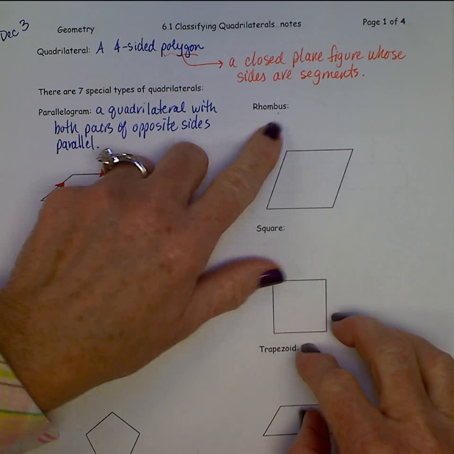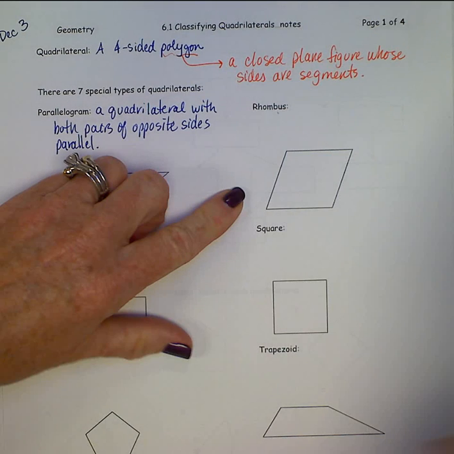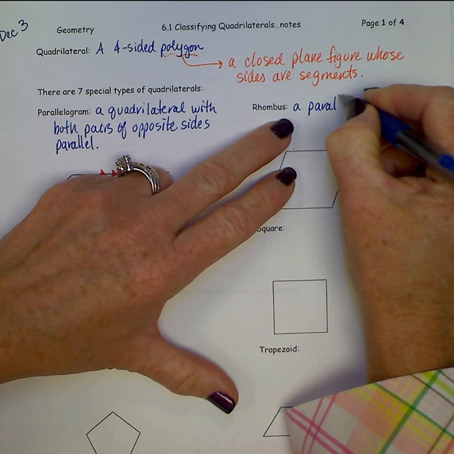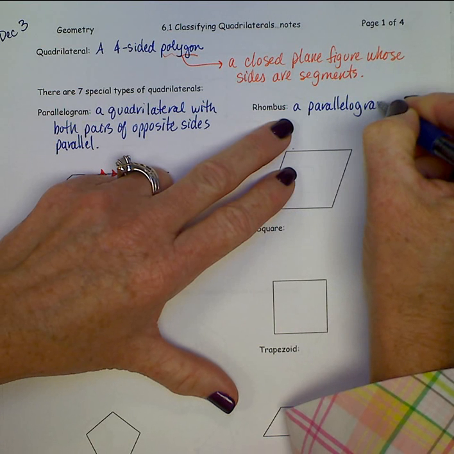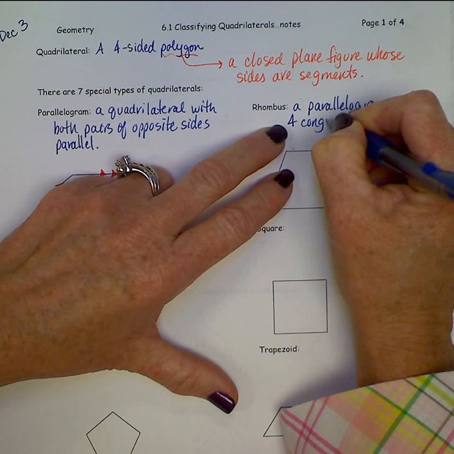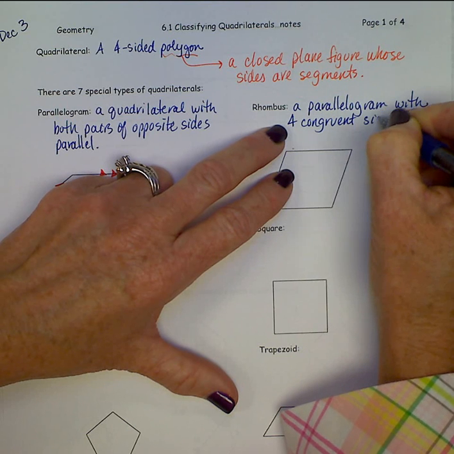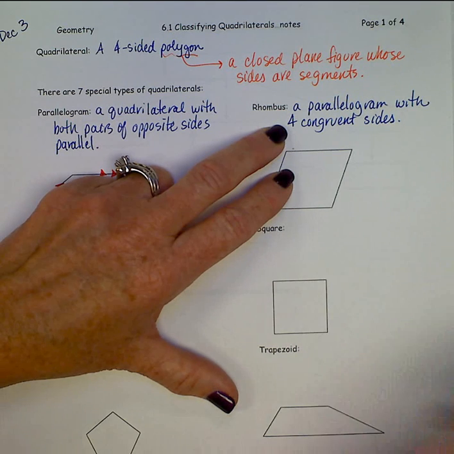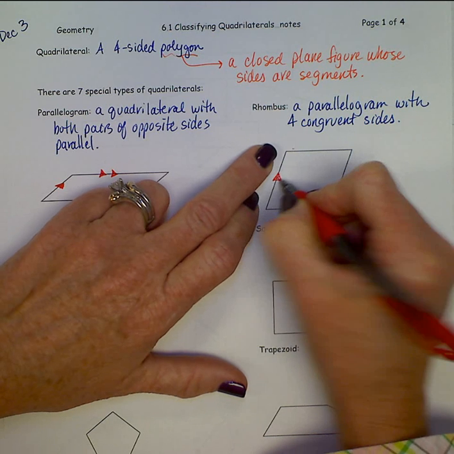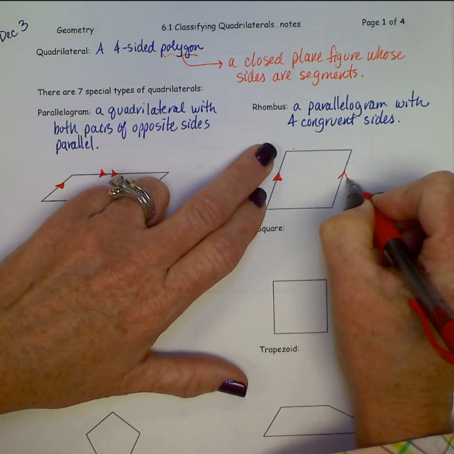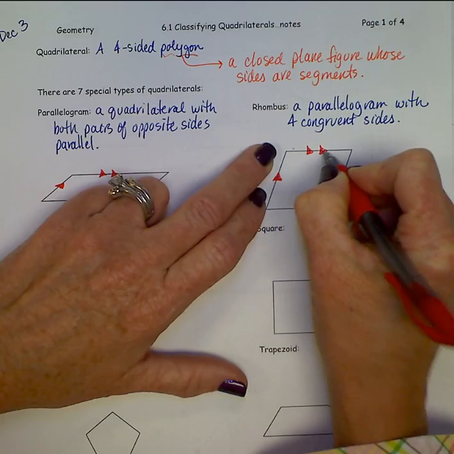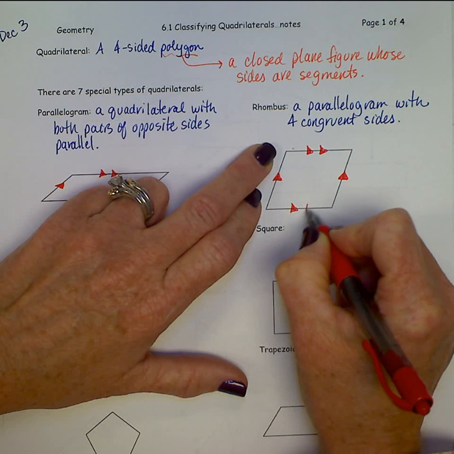A rhombus is a parallelogram with 4 congruent sides. That rhombus is a parallelogram, so it has the property of both pairs of opposite sides parallel, and it has an additional property: all 4 sides are congruent.